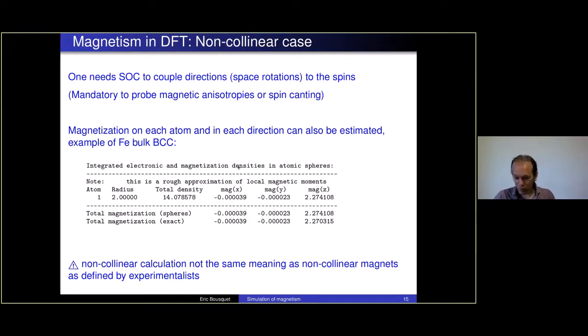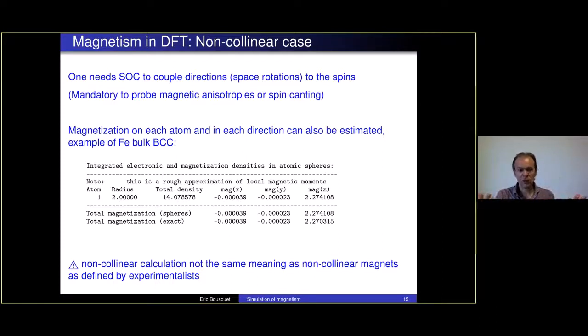And then I would like to mention something, because we have experimentalists among us, which is quite nice. Often you have to be careful. This is what I'm mentioning here at the bottom of this slide. What we call a non-collinear calculation doesn't necessarily mean what experimentalists call non-collinear magnets. I'm going to show you an example just after, because often experimentally what is called a non-collinear magnet is when we have weak ferromagnetism, and when you have canting of the spins, so weak ferromagnetism or weak antiferromagnetism.